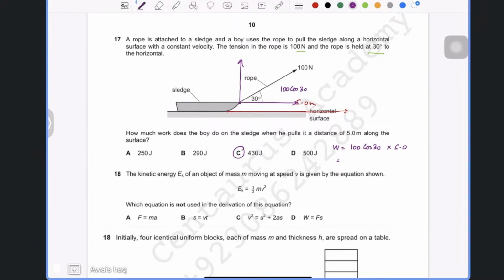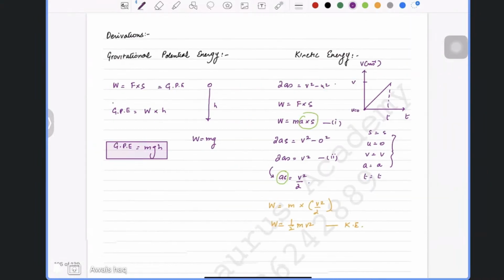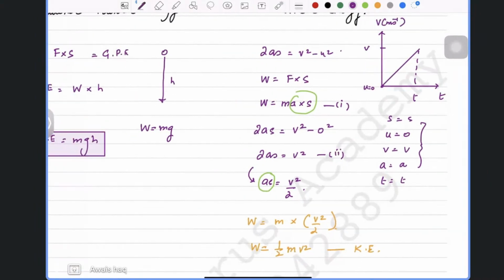That's not fair. Go back and see. Did we use F equals ma? Right here. Very bad. Did we use 2as equals v squared minus u squared? Right here. Did we use work done equals force into displacement? Right here.